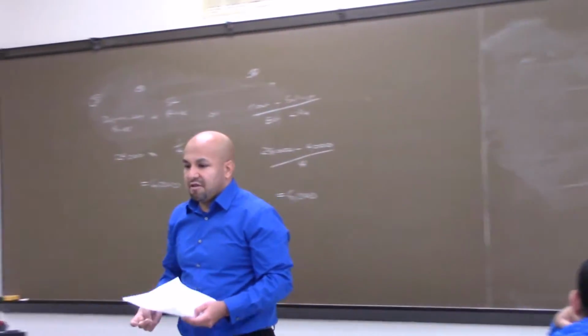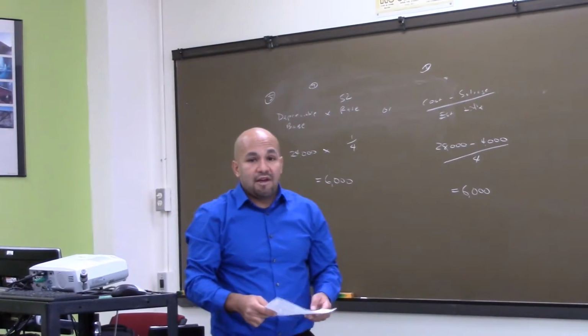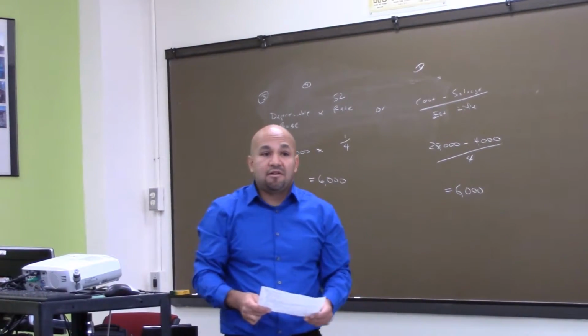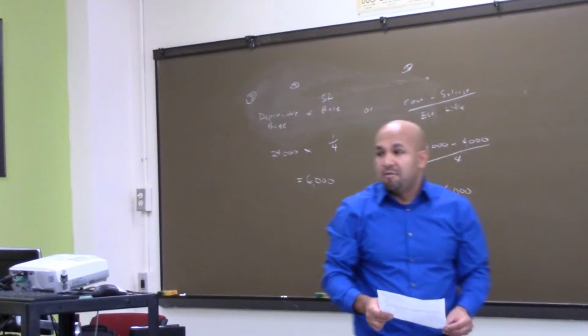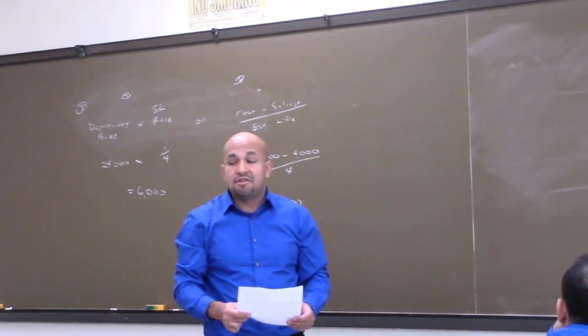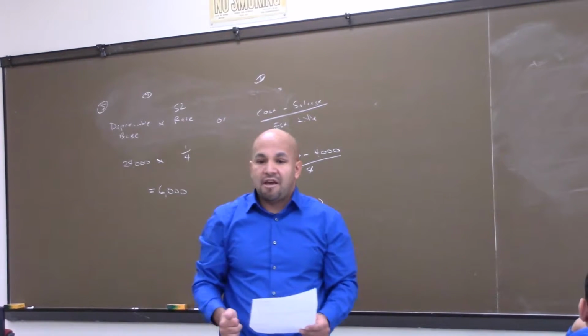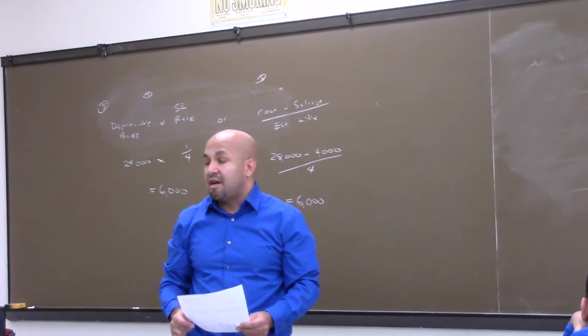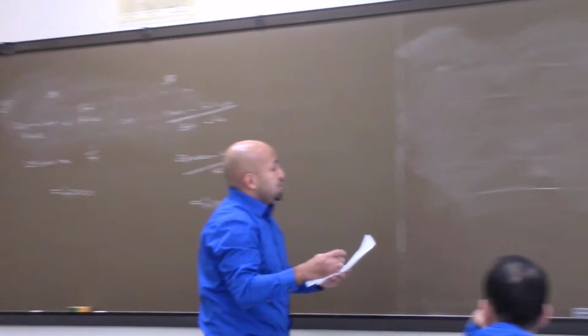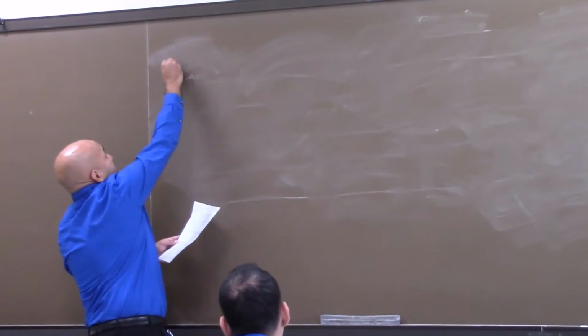So again, depreciable base is the difference between cost and salvage value. Net book value is the difference between the cost and accumulated depreciation. Accumulated depreciation is the sum of the depreciation that you've claimed since inception of the fixed asset, since you put it in operations.